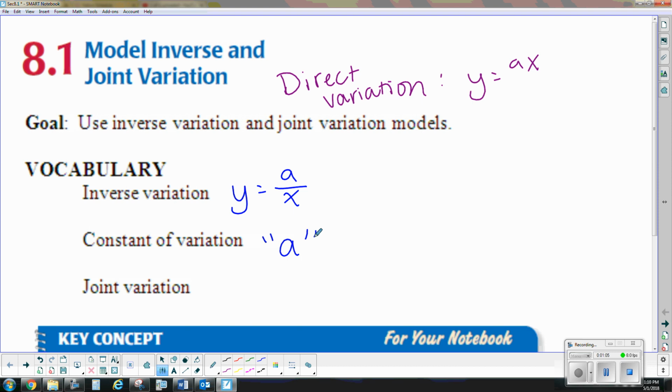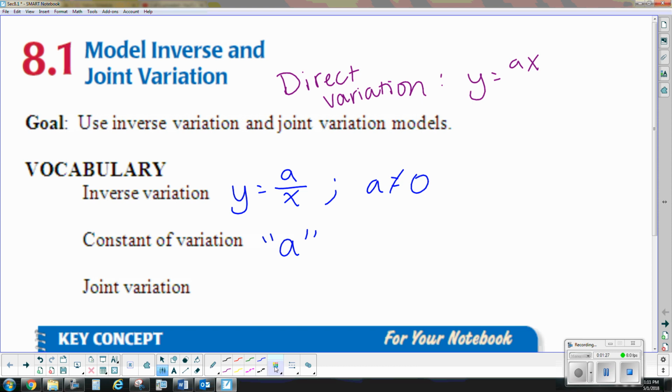Now in this inverse variation, a cannot equal 0, because if a equals 0, then it's 0 divided by whatever x is, and so your y will always be 0. So in an inverse variation relationship, we are not going to have a constant of variation that is equal to 0.